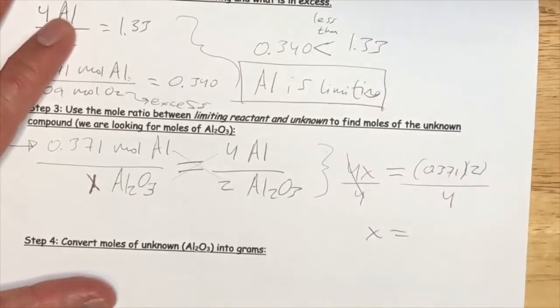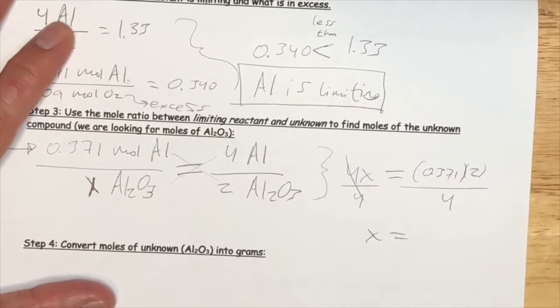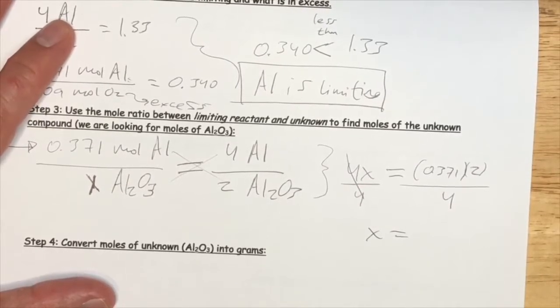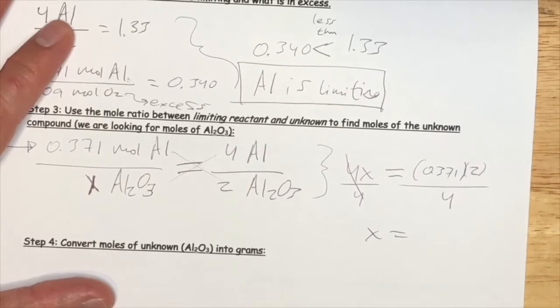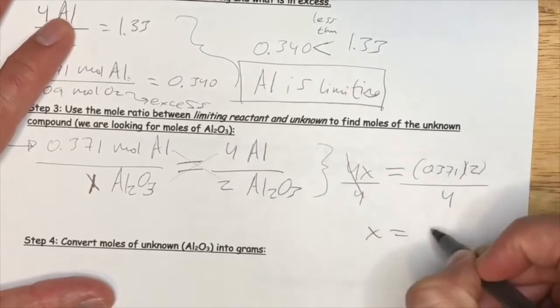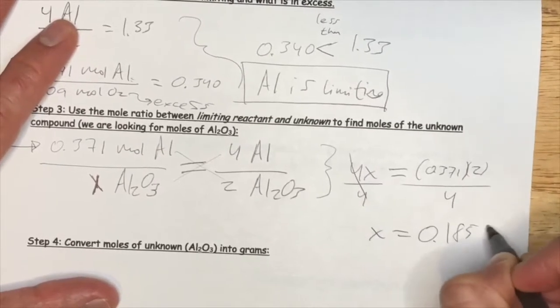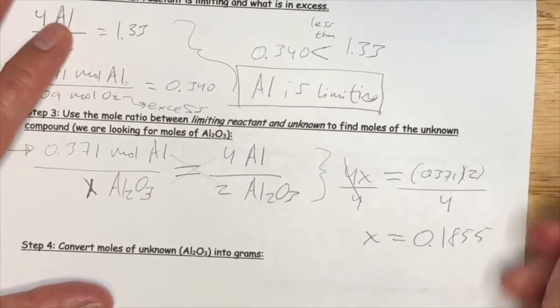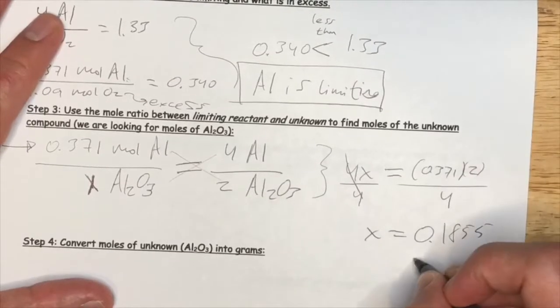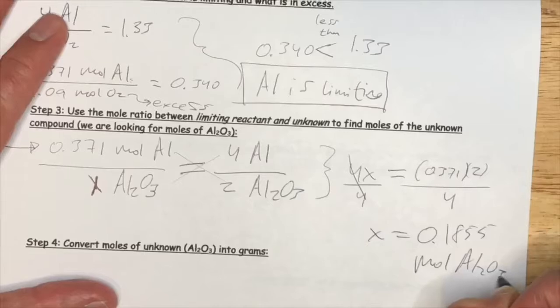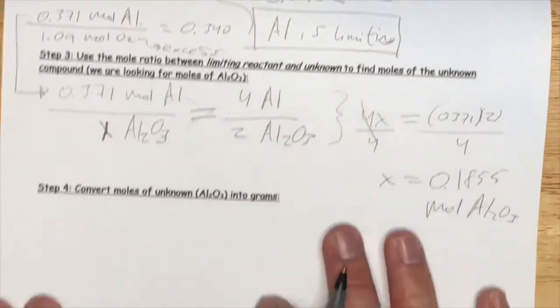X equals 0.371 times 2 divided by 4. So we get 0.1855 moles of Al2O3 into our last step.